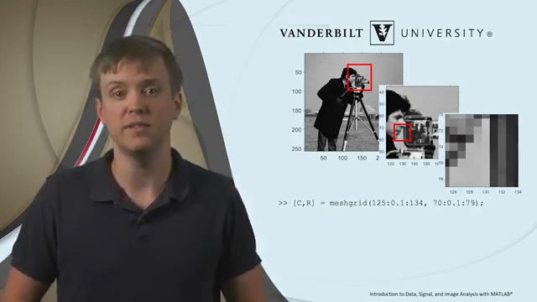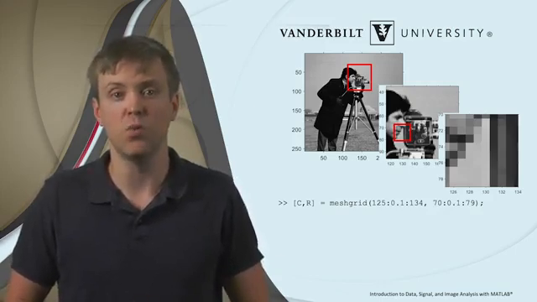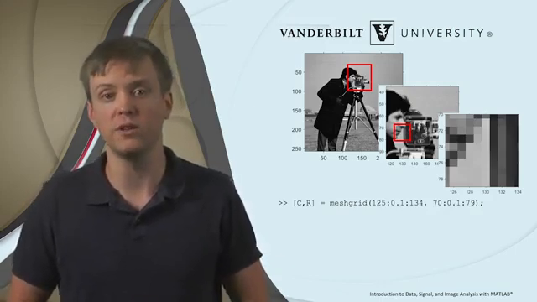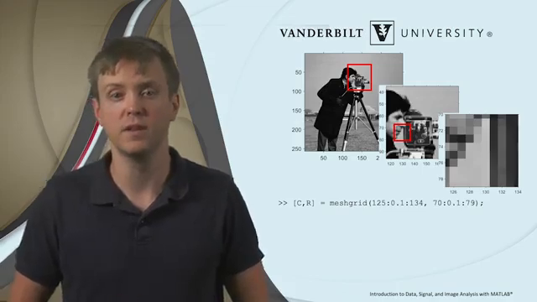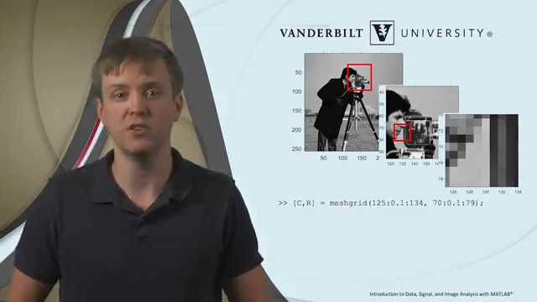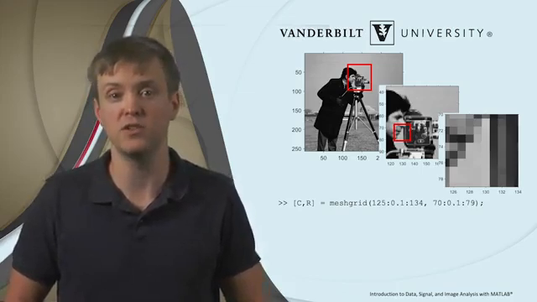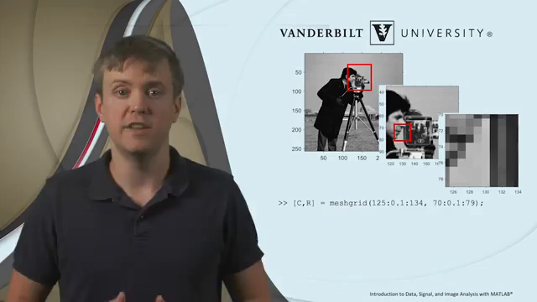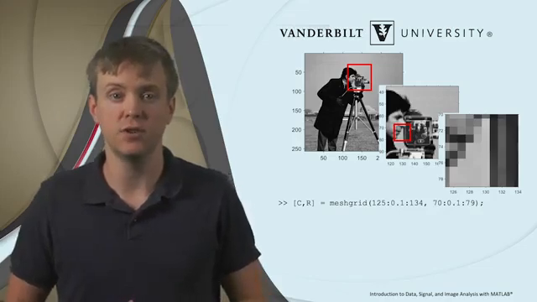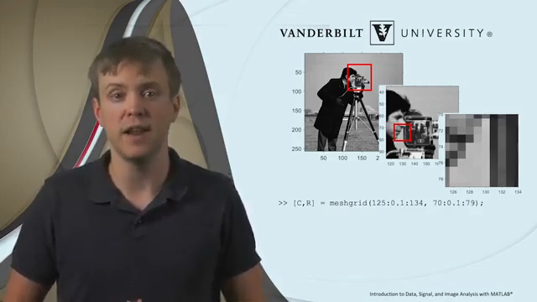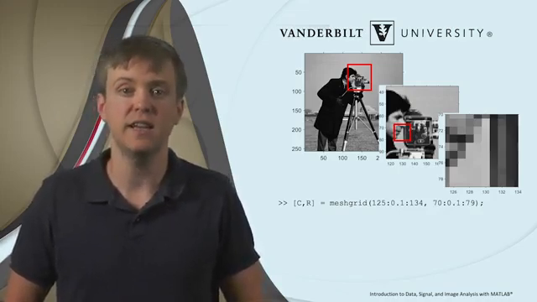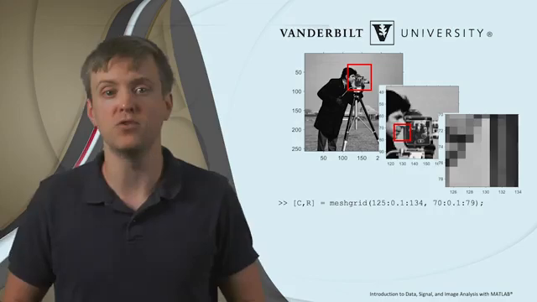The second input is the column coordinates, which are 125 in steps of 0.1 to 134. Meshgrid produces matrices corresponding to every combination of column and row coordinates across the two vectors. As both of these vectors contain 91 entries, there are 91 times 91 pairs of unique row and column coordinates, and thus C and R will be 91 by 91 matrices.